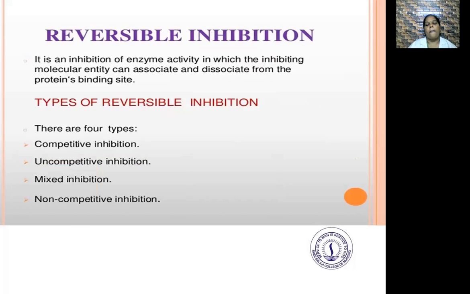Reversible inhibition. It is an inhibition of enzyme activity in which the inhibitor molecular entity can associate and dissociate from the protein's binding site. Types of reversible inhibition. There are 4 types: competitive inhibition, uncompetitive inhibition, mixed inhibition, non-competitive inhibition.